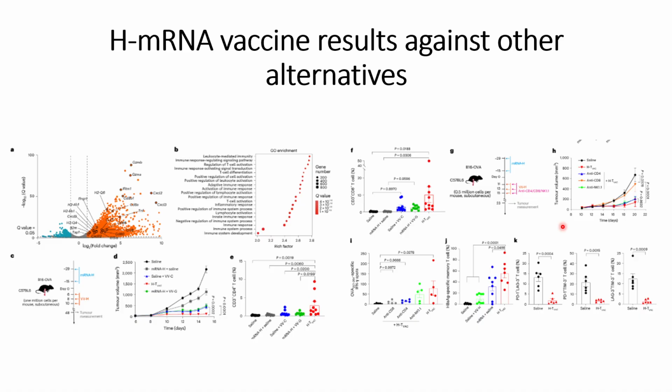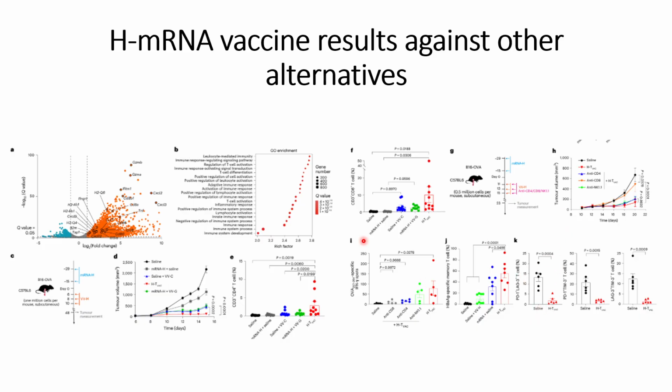Thereafter they checked T cell suppression, which also involves the immune checkpoint inhibitor surface receptors such as PD-L1, and they saw that the immune suppression is minimal in the case where they used H-mRNA vaccines compared to the control, that is the saline case.